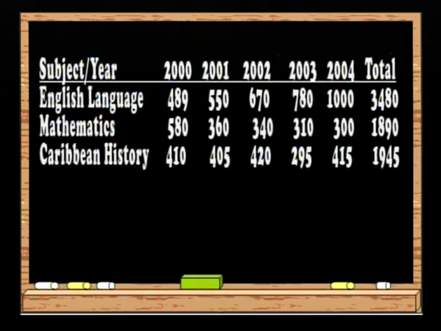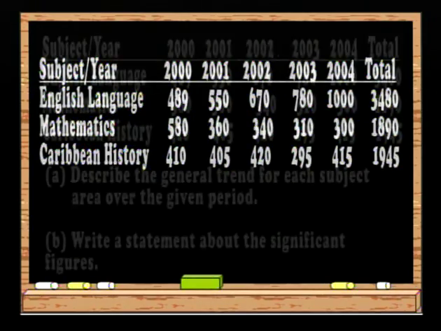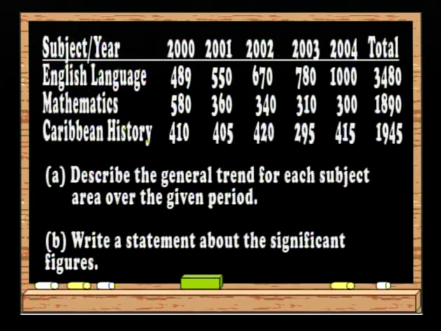Now that you have looked at that, consider the following questions. Describe the general trend for each subject area over the given period. Write a statement about the significant figures.